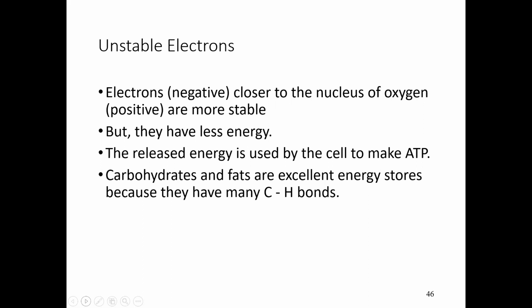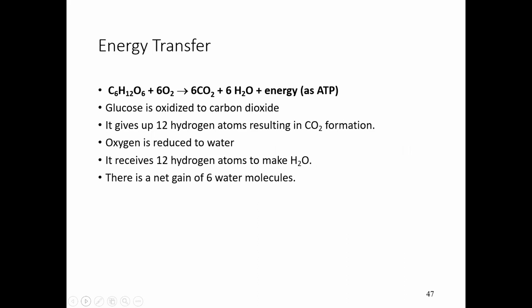And we can use this energy when we break those valence bonds to make ATP. And that's why we love carbohydrates and fats, because they have lots and lots of carbon and hydrogen bonds. Now the formula for all this is very simple.